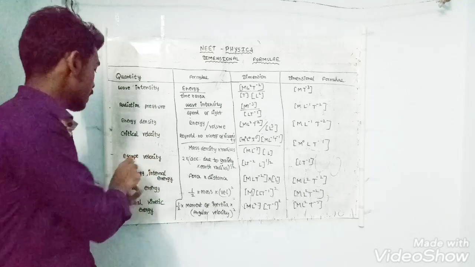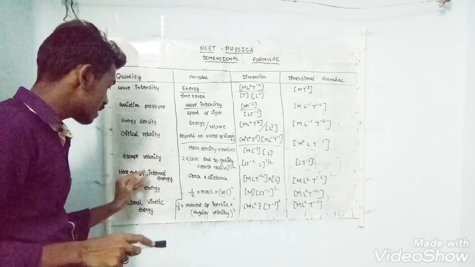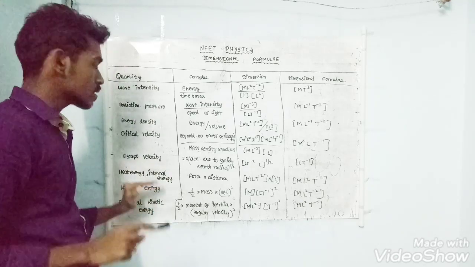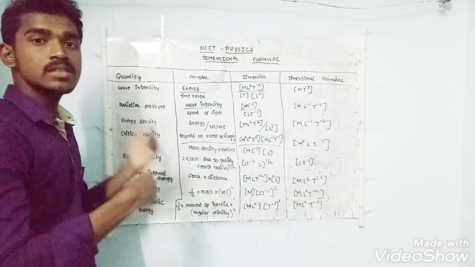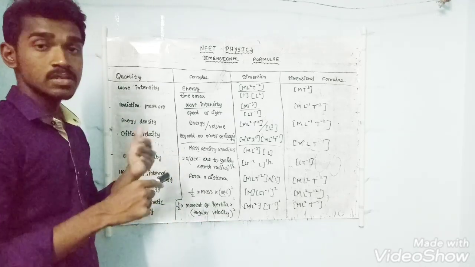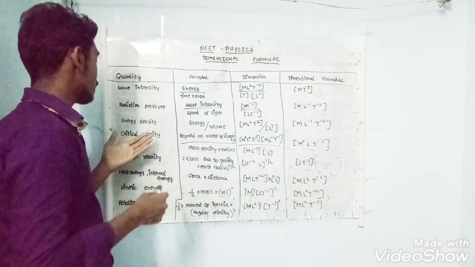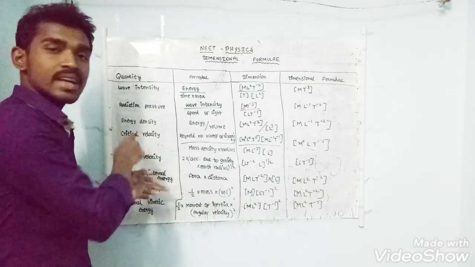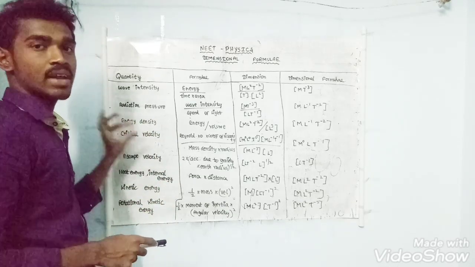Critical velocity, velocity. Escape velocity, velocity. Heat energy is energy. Internal energy is energy. Kinetic energy is energy. And rotational kinetic energy is energy. All these are also known as derived formulas, because they are derived from velocity. So the basic is velocity.